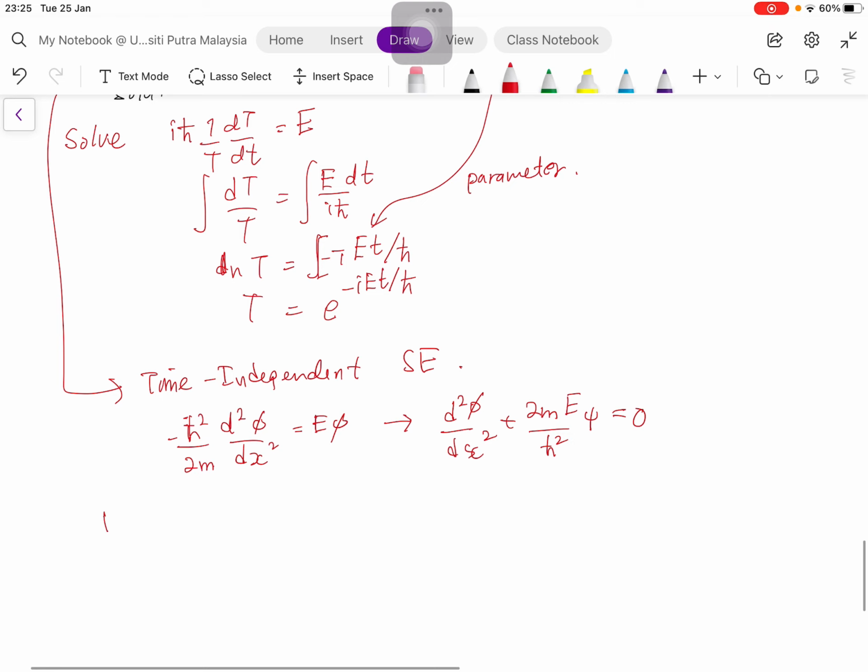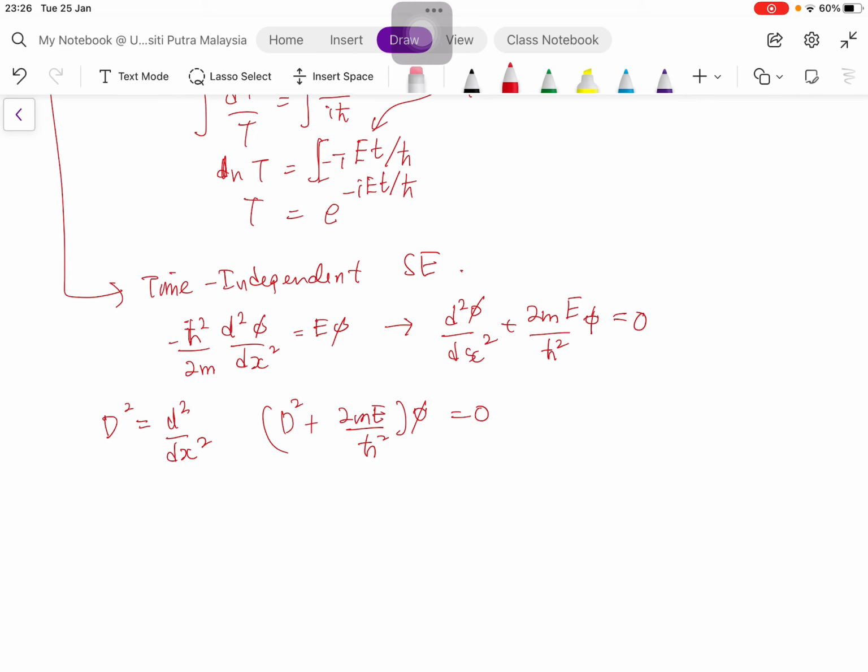And you can also introduce D equals d/dx. So you have D² plus 2mE over h bar squared, all multiplied with phi equals 0. So can you find me the solutions, finding the roots here?